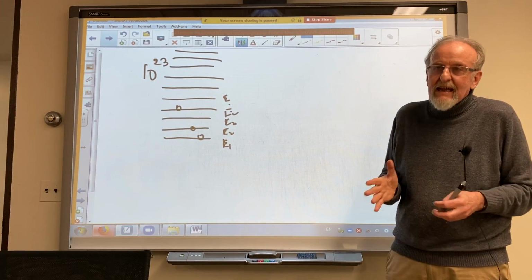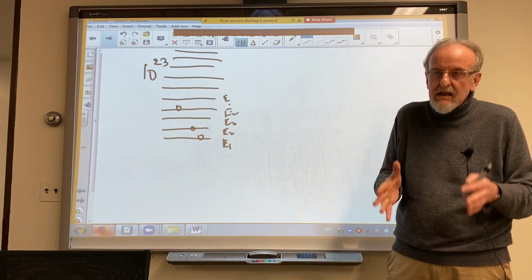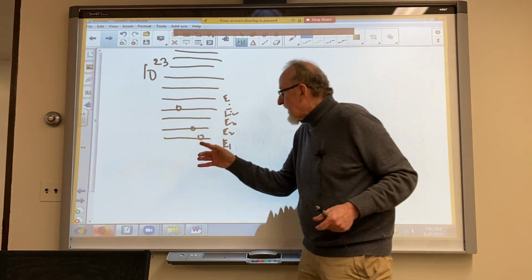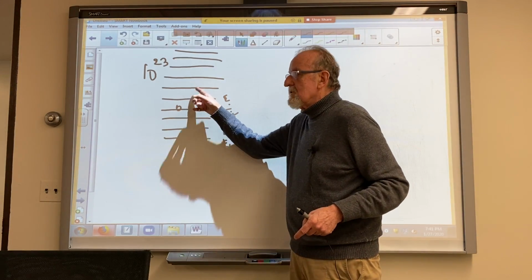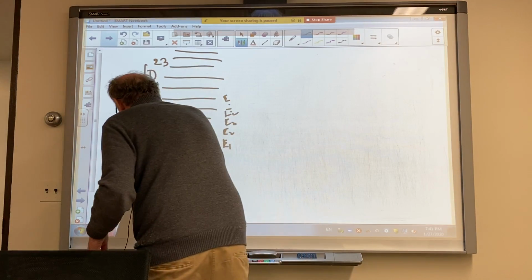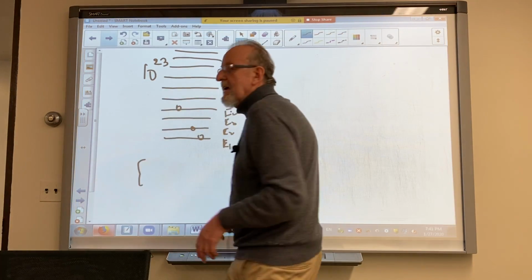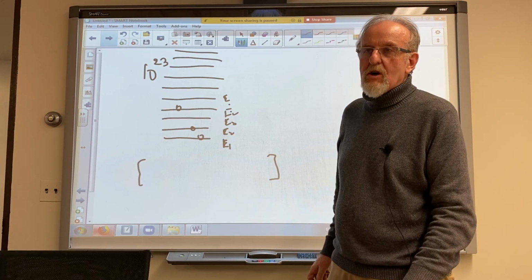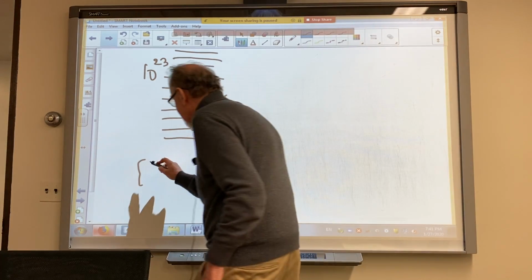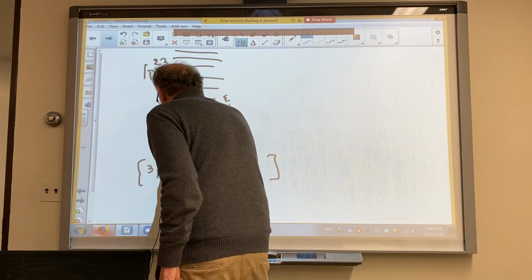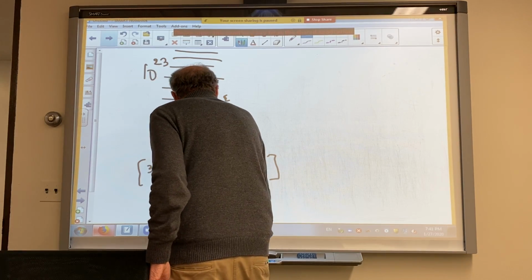So we have a whole sequence of states, let's say 10 states, and you want to describe a state. A state is determined if I tell you particle 1 is in this state, particle 2 is in this. So each state is a vector with 10 to the 23 coordinates, telling you the first particle is in state number 3, the second particle is in state number 7, and so on.